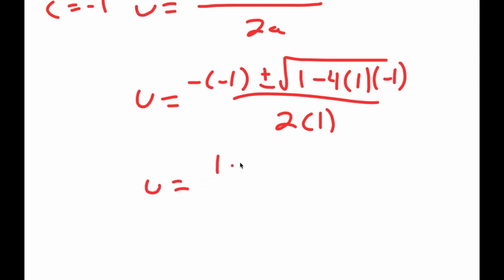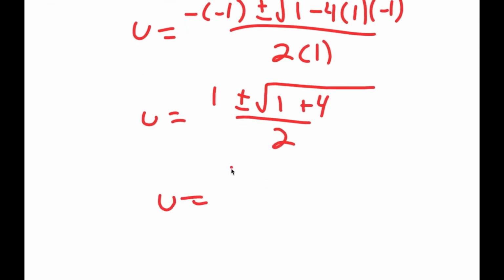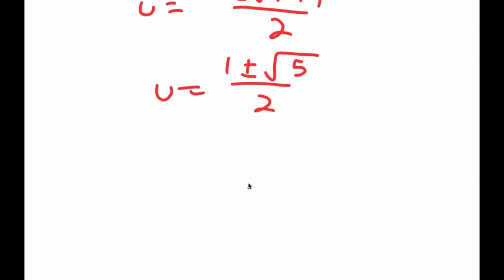And this is equal to positive 1 plus or minus the square root of 1 plus 4 over 2, which is equal to 1 plus or minus the square root of 5 over 2. So we have u is equal to 1 plus or minus the square root of 5 over 2.